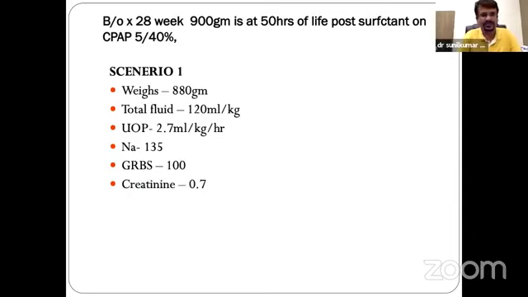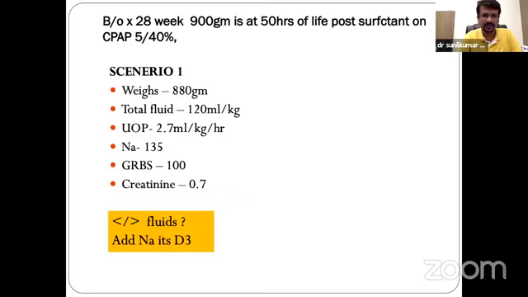So baby is at 50 hours of life. So what to do? What is the fluid prescription for this baby? Whether it will increase or decrease, or we will add sodium because it has completed 48 hours of life.